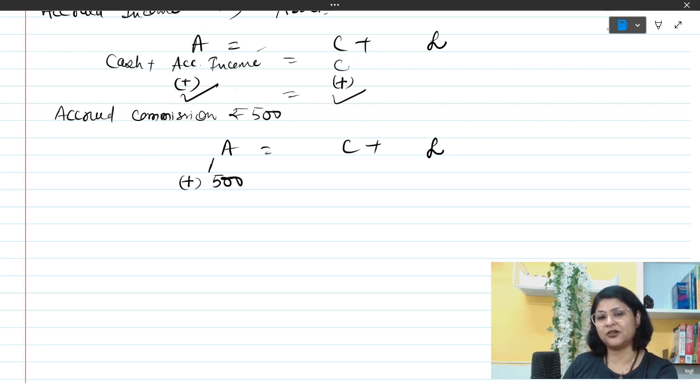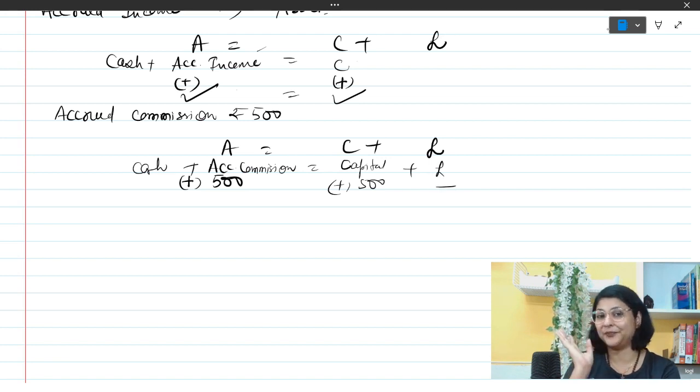You will make another column as accrued commission. And here under capital, you are going to add 500 rupees. Your liabilities will remain unaffected. Nothing is going to come over here. I hope you understood this accrued commission or accrued income also.